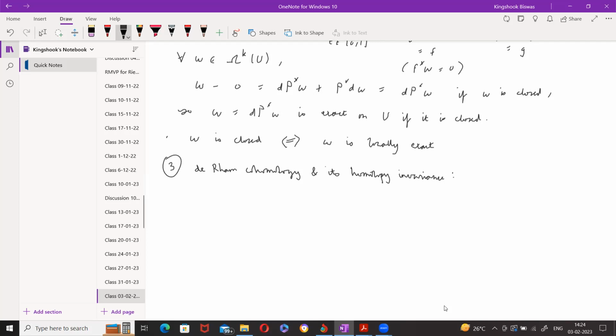So de Rham cohomology is defined as follows, that the kth de Rham cohomology group, so this is a real vector space, is defined to be the space of closed K-forms modulo the space of exact K-forms.